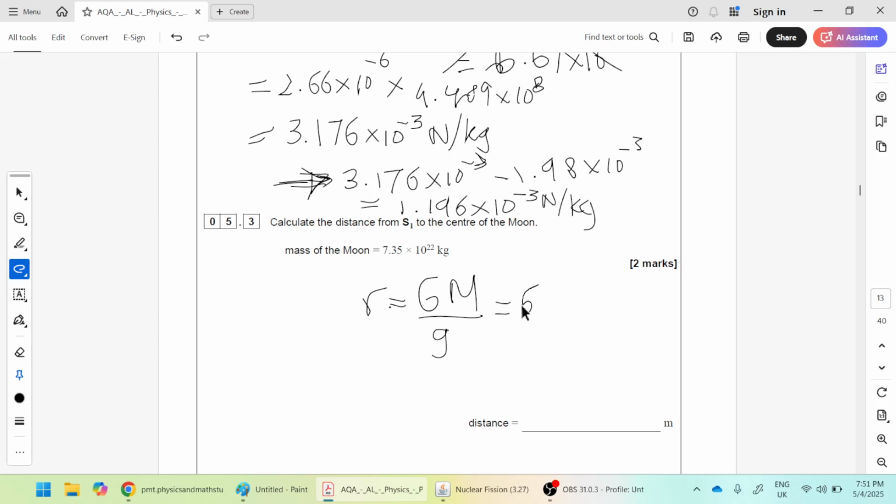Now we use 6.67 10 to the power minus 11 into the mass that's given. I'm not going to write it. It's this one over here. And the g is 1.196 10 to the power minus 3.